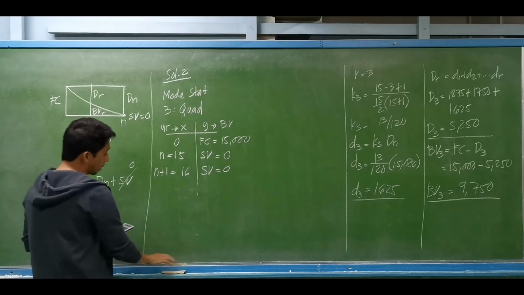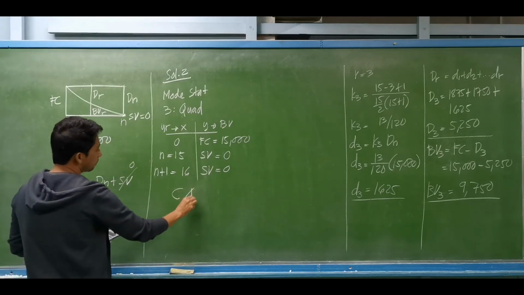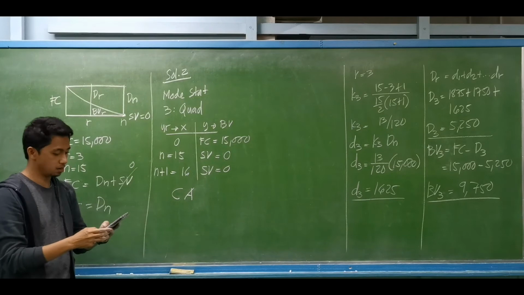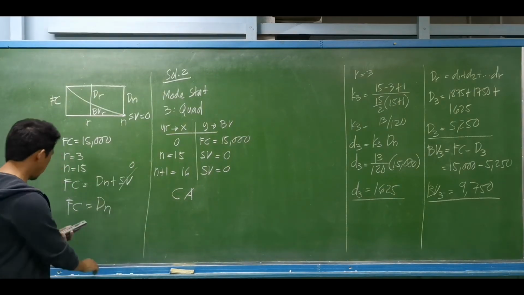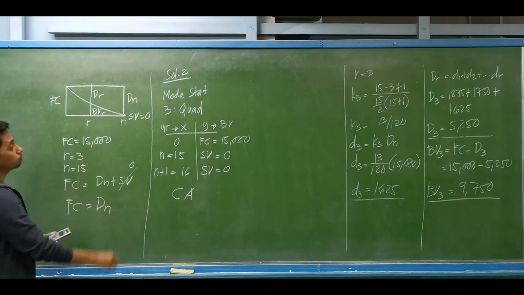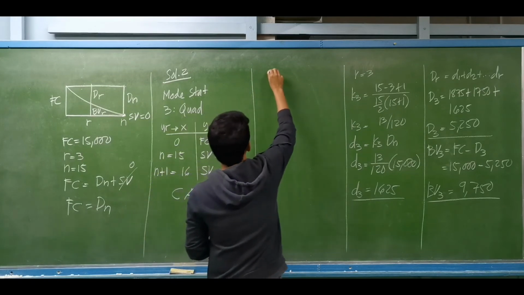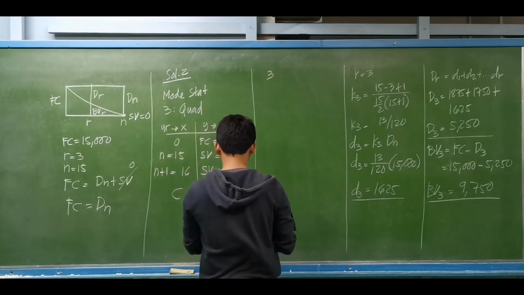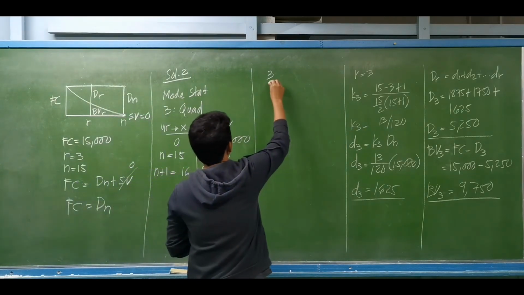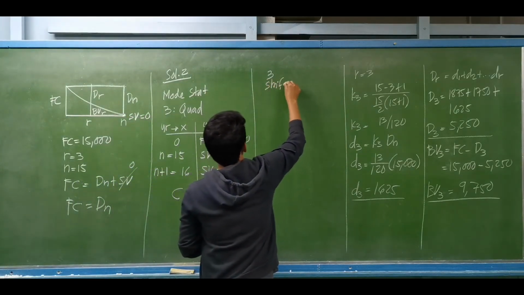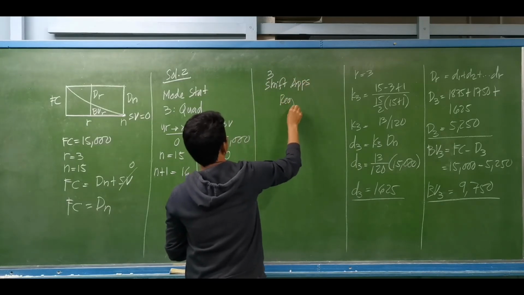After entering the data, you may press AC for clear all. Then we are looking for book value number 3. Since we are looking for book value number 3, you press 3, then shift stat, then look for regression.